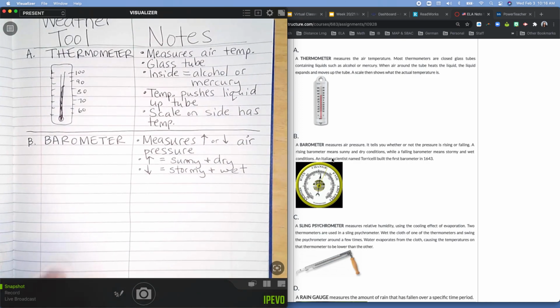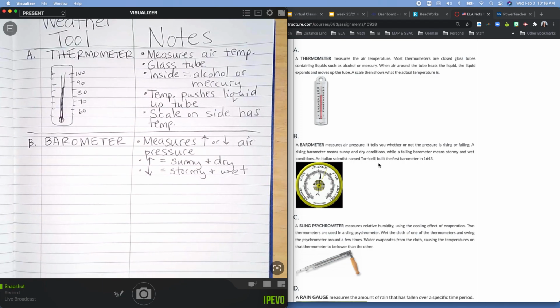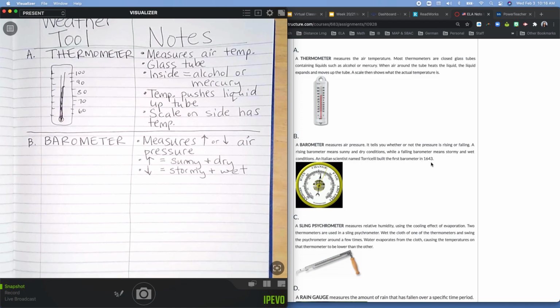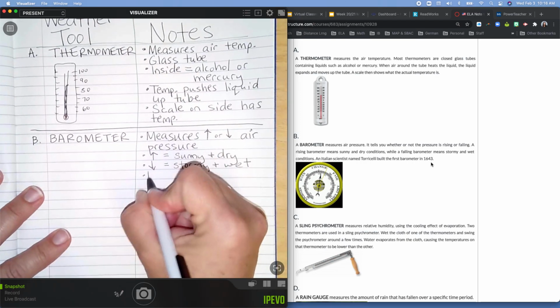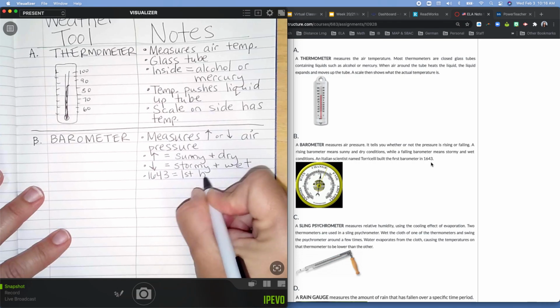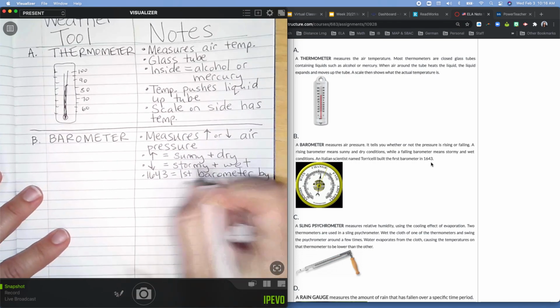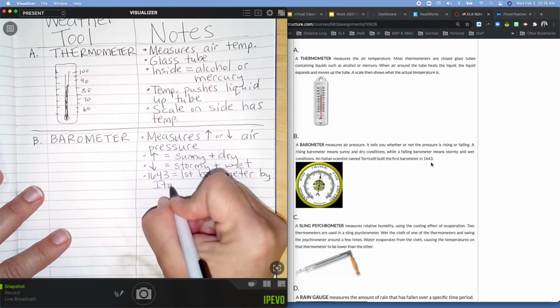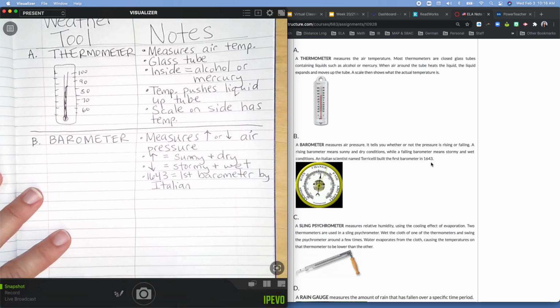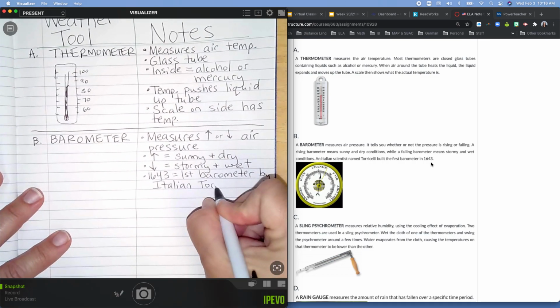Okay, and then they're telling us a little bit about an Italian scientist named Torricelli built the first barometer in 1643. Wow, 1643 first barometer by Italian. I'm going to try to write his name. Torricelli. 2 R's and 2 L's.